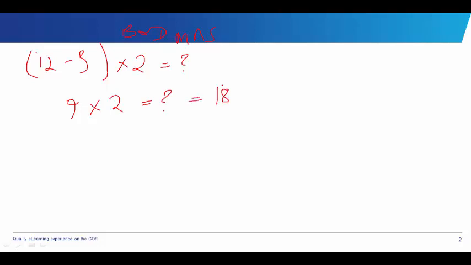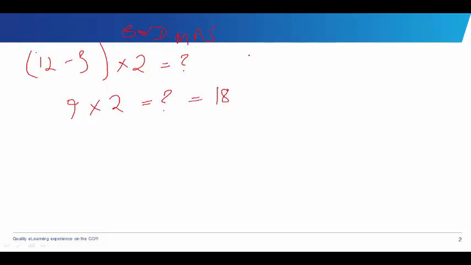Let's say we have 12 minus 3 in brackets, then times 2 equals this. Since we have brackets first, from our BODMAS we'll do the bracket first. So 12 minus 3 will give us 9. Then 9 times 2 is what? 18. So that solves it.